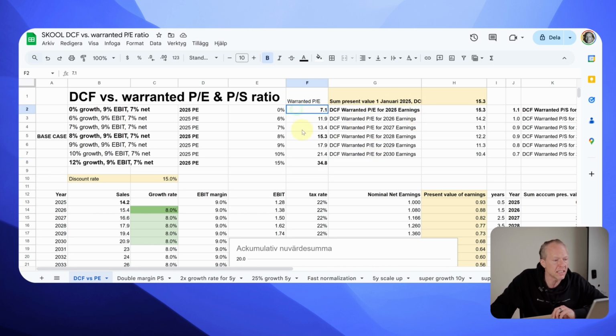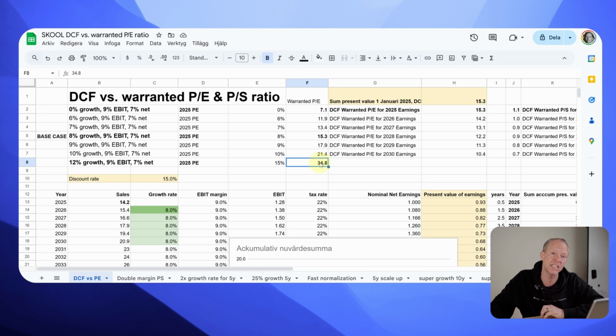So you can see here we have the table of the warranted price earnings ratio for various types of growth, and as you can see here, at a 12% growth rate for eternity, actually 35 times 25 EPS is the same thing.